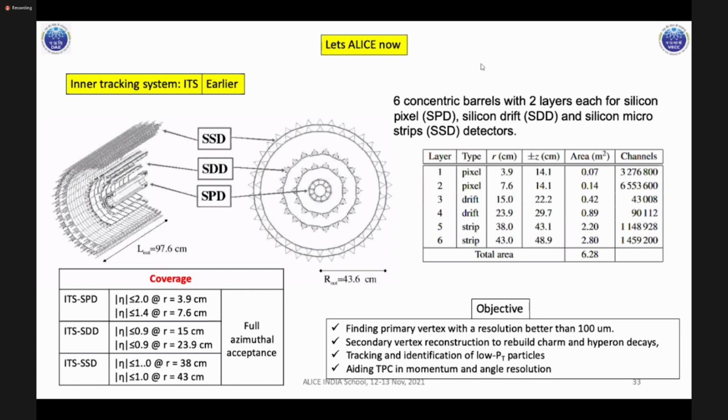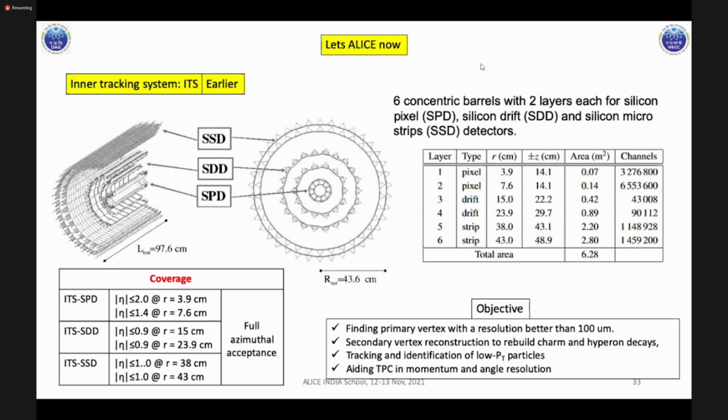As I was discussing at the beginning of this lecture, when we address these detectors, we never say in terms of usual length or usual velocity. Rather, we express in terms of rapidity, and that is what I have tried to show you in terms of coverage.